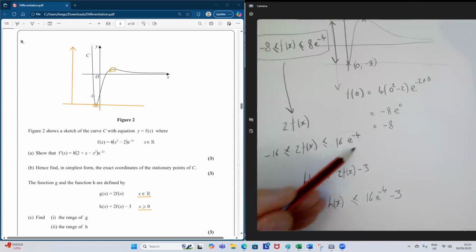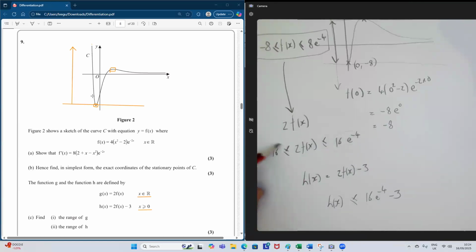So we're taking 3 off that one. And then we need to take 3 off this one. If we're at -16 and we take off another 3, we end up at -19. So that is our range of h of x: h of x is less than or equal to 16e⁻⁴ - 3, but greater than or equal to -19.